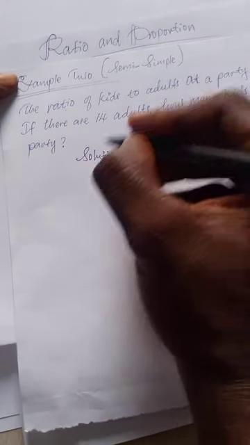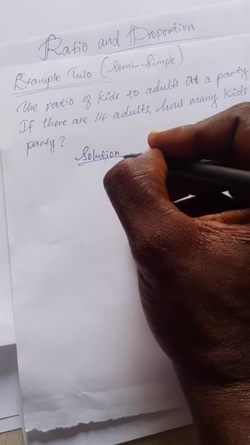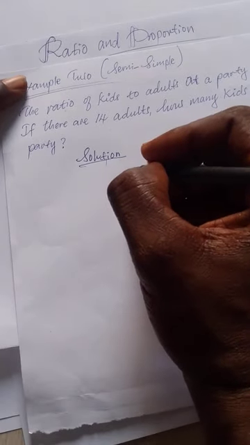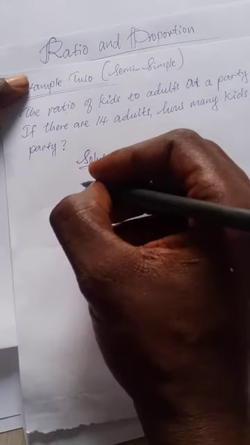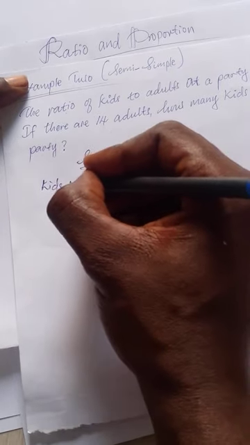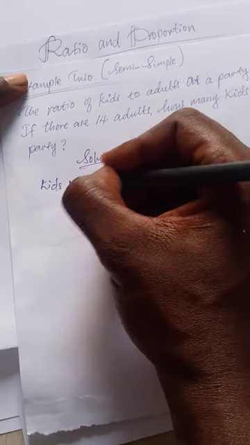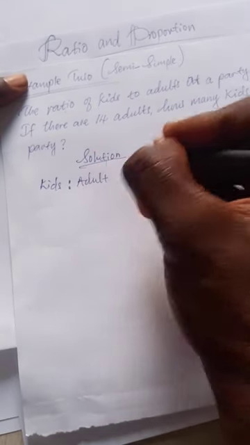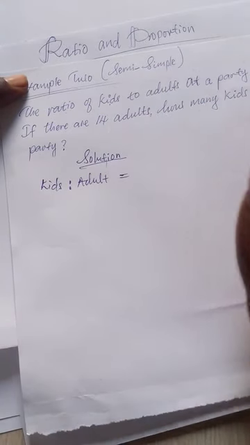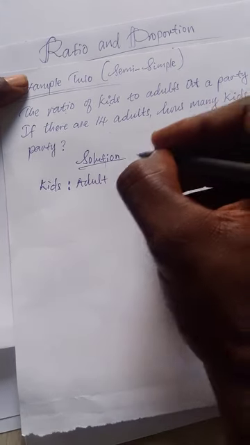Solution. Now, remember the ratio, say kids to adults, and their ratio, imagine kids to adults, the ratio is 5:2.